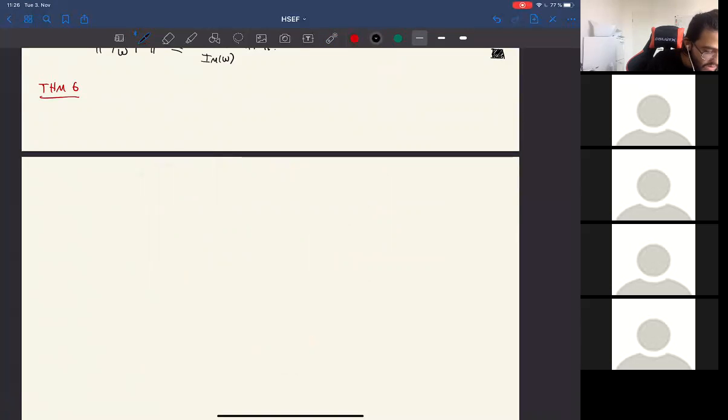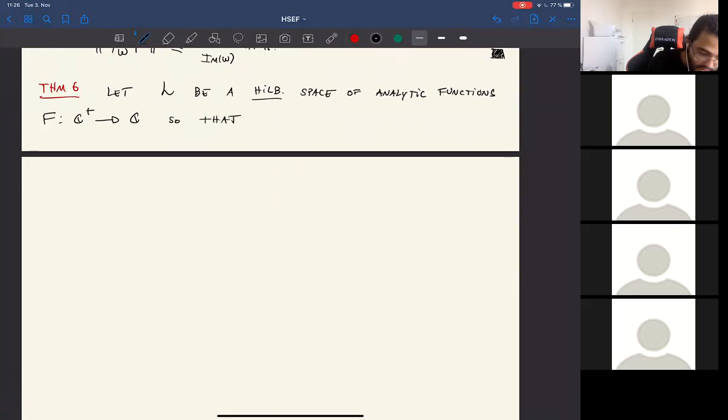Okay, so what's theorem 6? Let L be a Hilbert space of analytic functions, say f from C plus to C, so that we have three conditions.